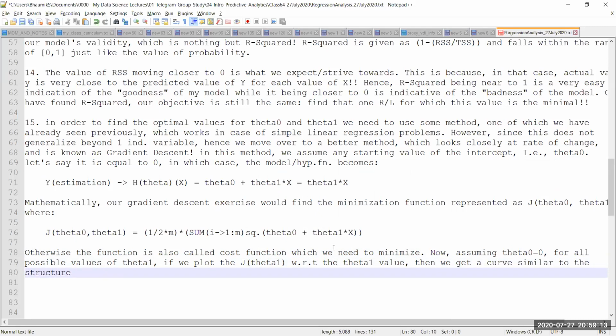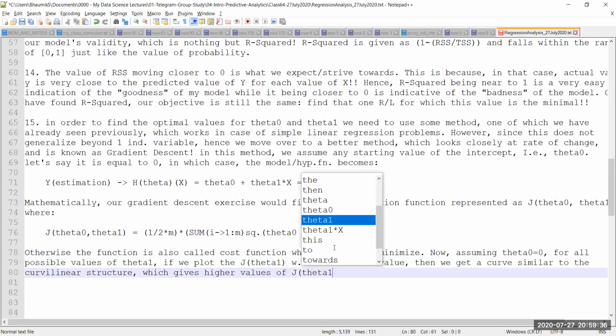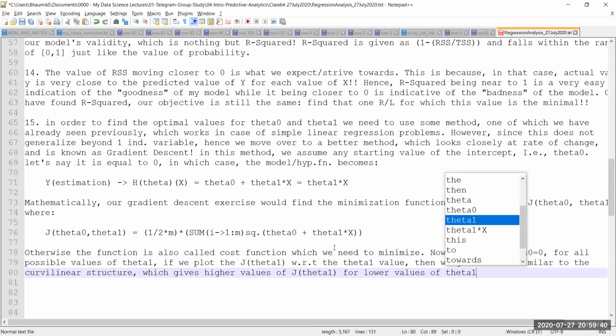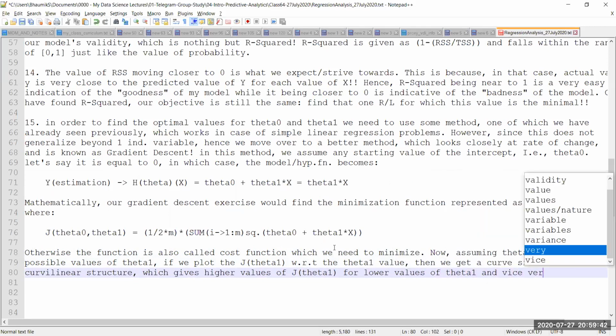You can say a curvy linear structure, which gives higher values of j of theta 1 for lower values of theta 1 and vice versa.